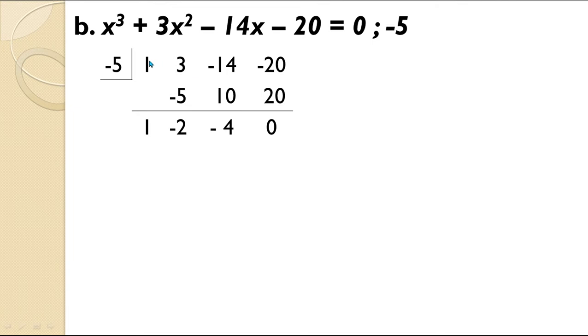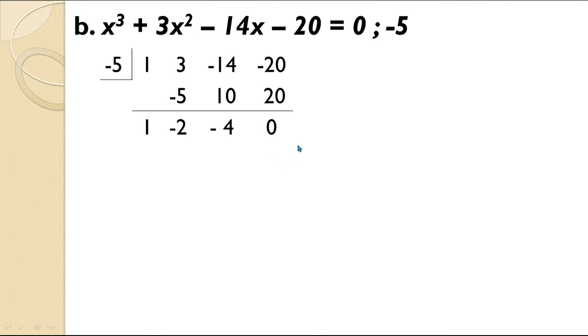So, bring down the first number, 1 times negative 5 is negative 5. 3 plus negative 5 is negative 2. Negative 2 times negative 5 ay positive 10. Negative 14 plus positive 10 ay negative 4. Negative 4 times negative 5 ay positive 20. Negative 20 plus positive 20 ay 0.